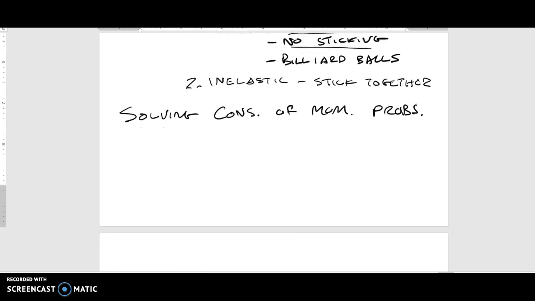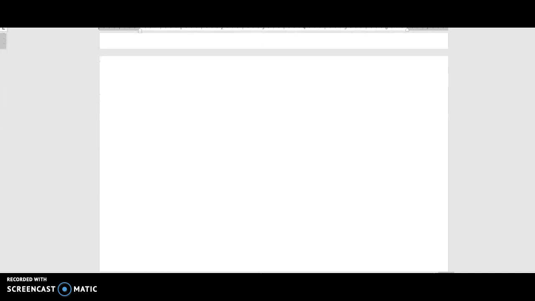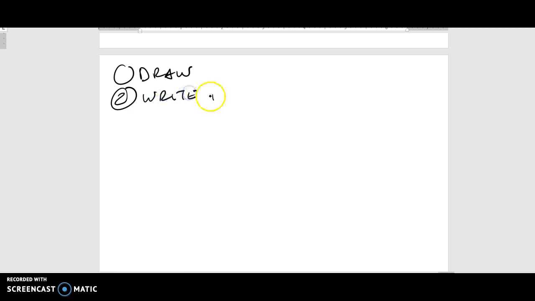Let's go to another clean page so we have more room to work. All right, so let's take a look at number 1. And we're talking about a girl shooting a gun. So when we solve these problems, first thing you're going to do is draw the situation. And then the next thing you've got to do is write down what you know. When I say draw, I mean you've got to draw the before situation and the after. You need to draw both.